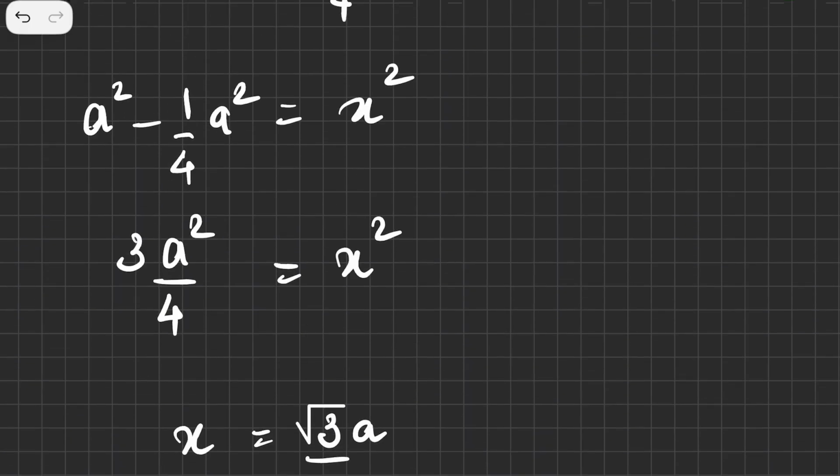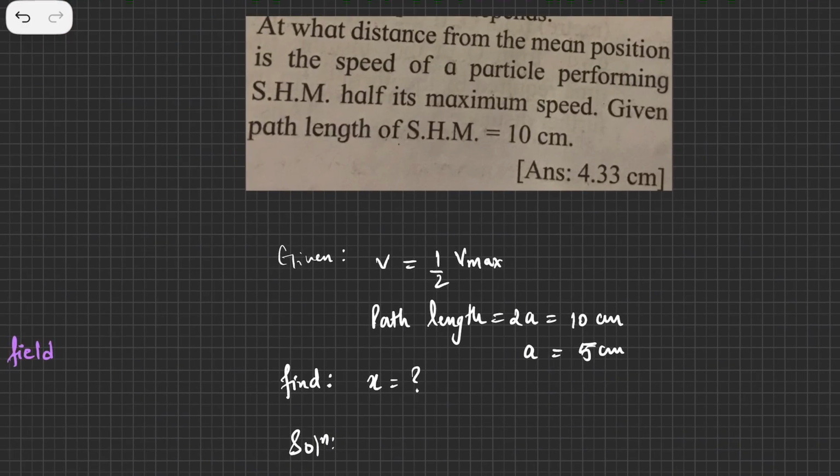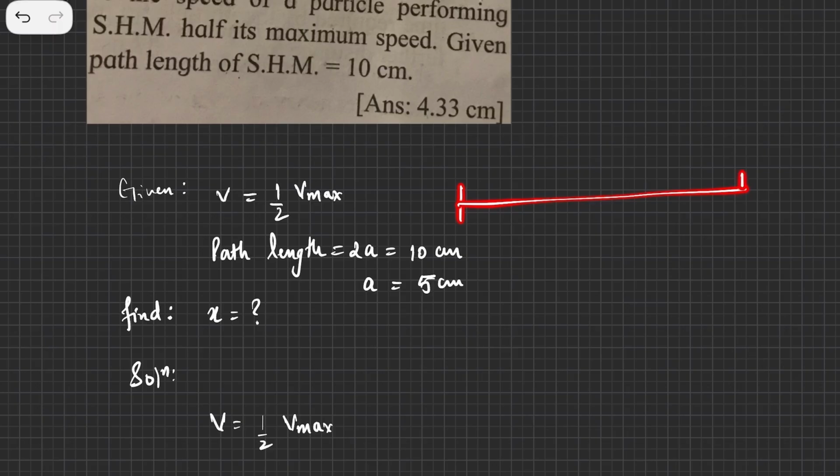Now if you see the physical significance of this problem, if this is my oscillation, this is 0, and this is 5 centimeters, because they have mentioned the amplitude is 5 centimeters. When the displacement is at this point, 4.33, this is where the velocity is half of maximum. Imagine this is where the velocity is maximum, and by the time the displacement reaches almost 80 to 90 percent, the reduction in velocity comes in this region.